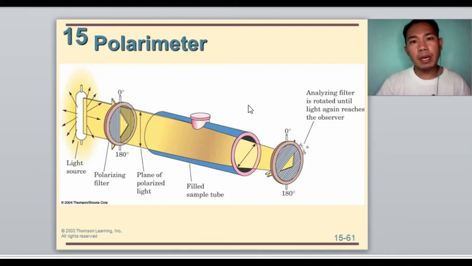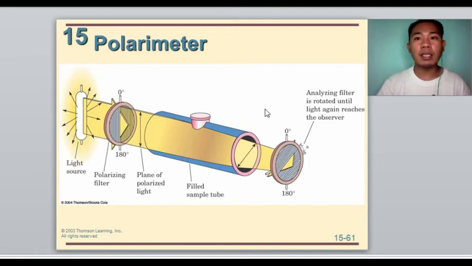Remember that ordinary light consists of waves vibrating in all planes perpendicular to its direction of propagation.